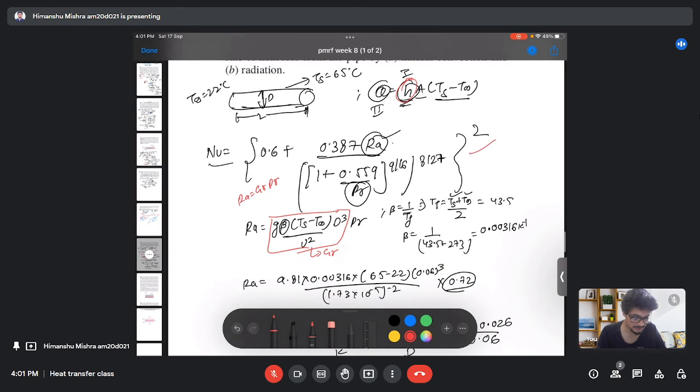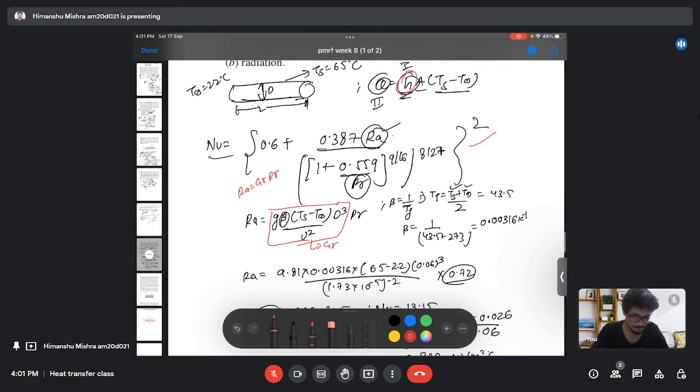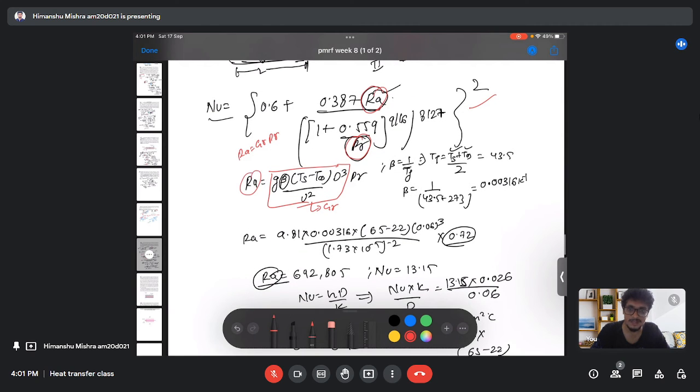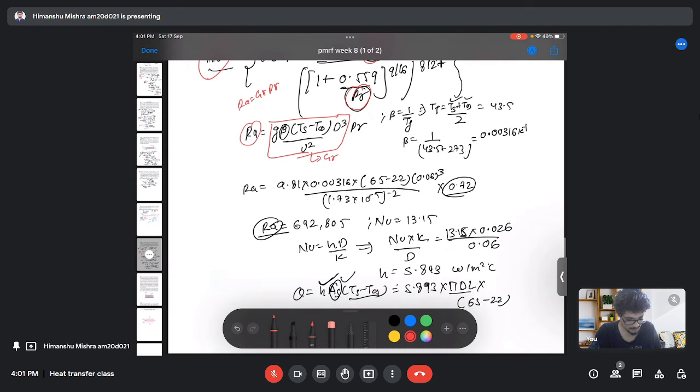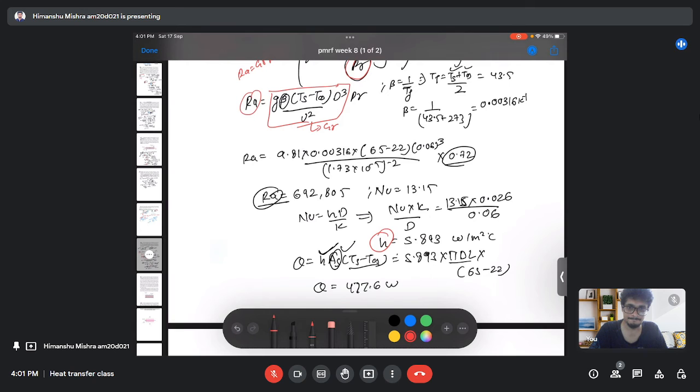We use the Nusselt number correlation, which is a function of the Rayleigh number as well as the Prandtl number. We found the Rayleigh number, then the Nusselt number, and from the Nusselt number we can easily find the heat transfer coefficient h. And then we found the heat transfer rate.